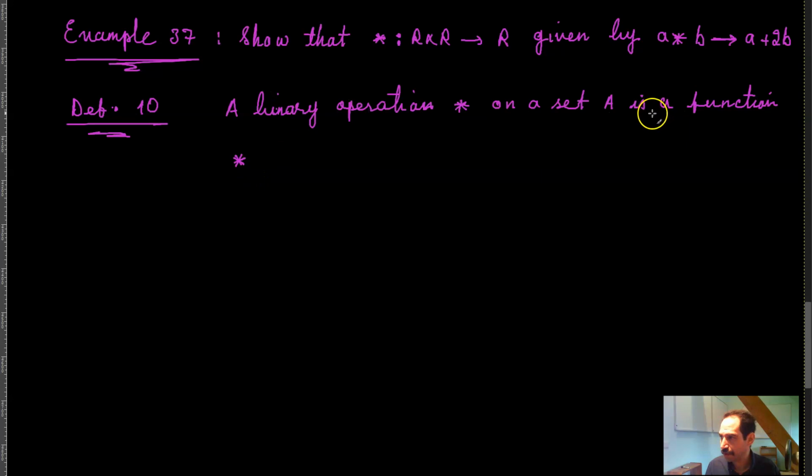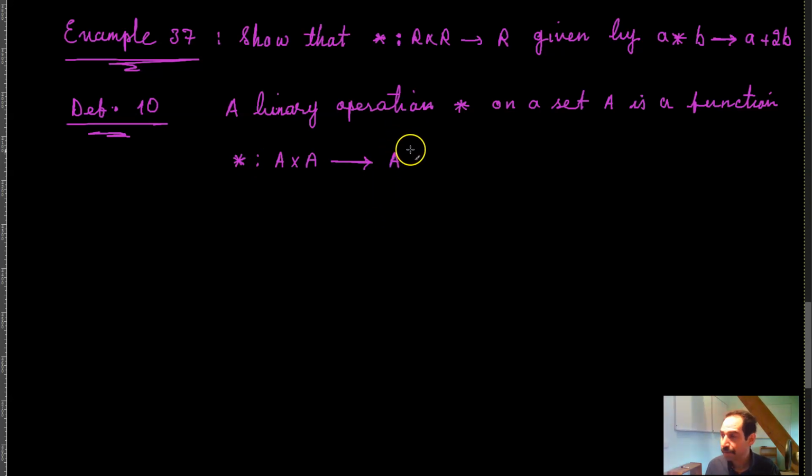You can call the function star from the Cartesian product of A and A to the set A, meaning that the domain of the function becomes the Cartesian product of A and A, or basically whatever the set might be, to the set itself. So the codomain of the function becomes the set itself, right?